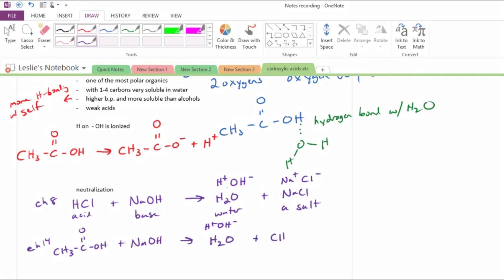And then the negative part of our acid, and we write it like that just to keep it in the same format that it was, goes with our Na+, and we get a carboxylic acid salt.